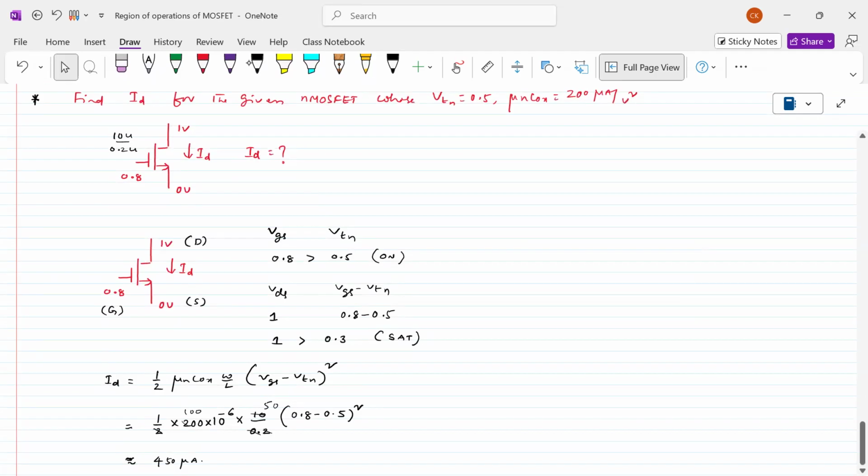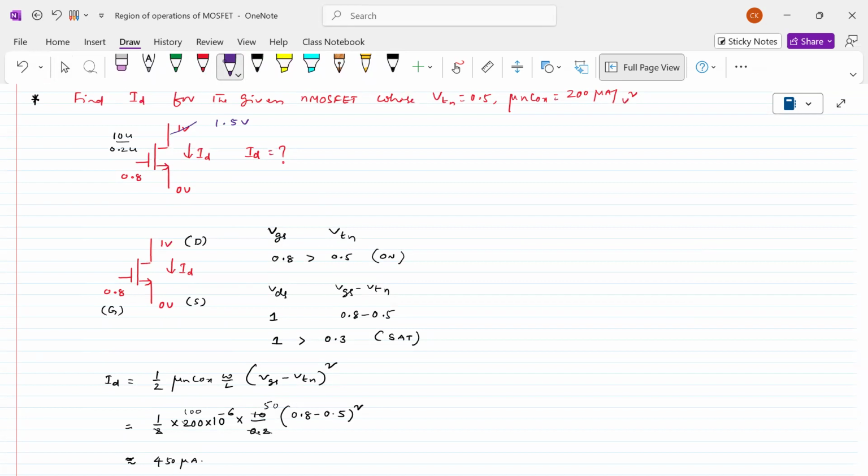Now, for example, I want to change the drain potential from 1 volt to, for example, 1.5 volts. What is the ID value?